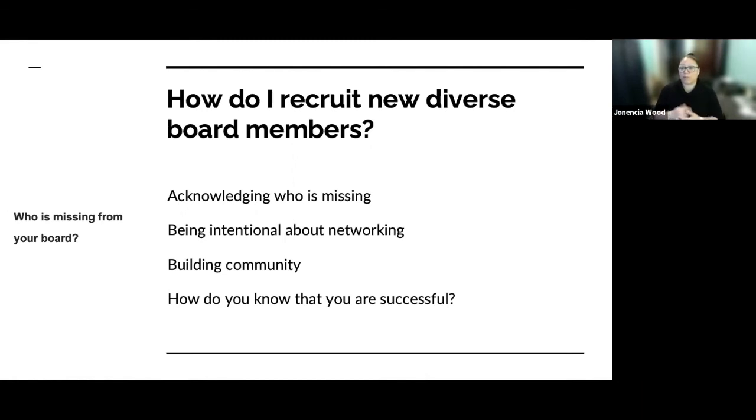And I think it can be more than one person, and in fact should be more than one person. In theory, I would encourage folks to have a task force or an intentional subcommittee of some of your board operations that really just focuses on this work.